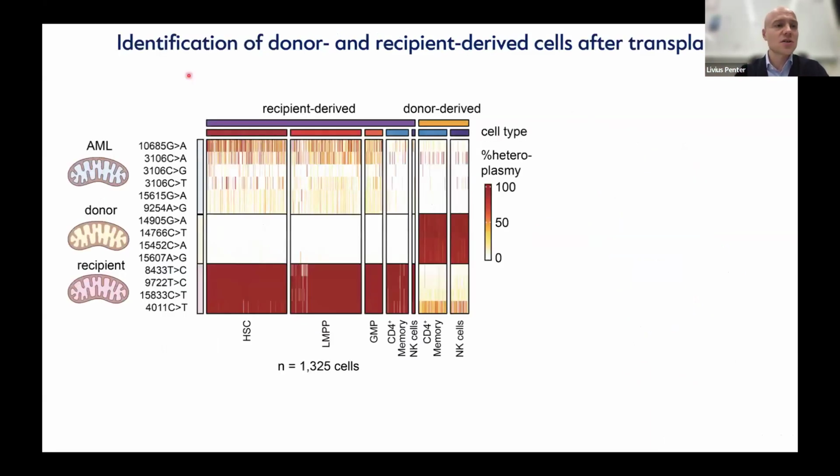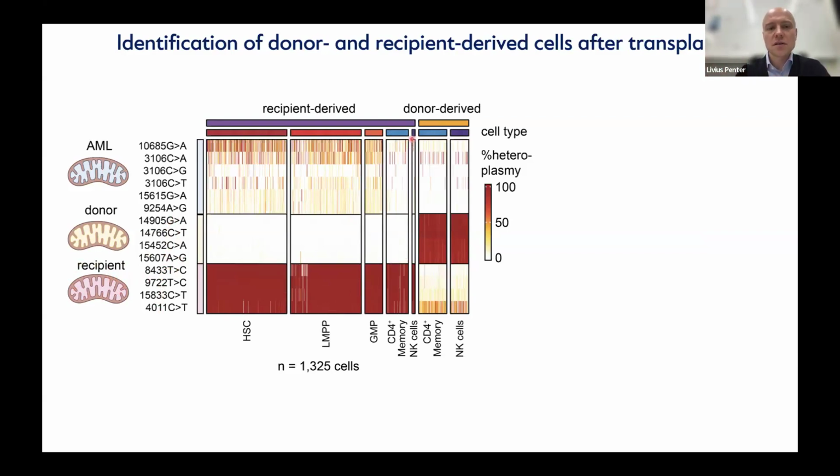And I just want to show to you that this works quite well. So here we have a heat map with cells from a bone marrow from a patient who relapsed after transplant. And you can very easily see that we have 4 mutations that are recipient specific and 4 mutations that are donor specific. So they very nicely distinguish donor and recipient cells.